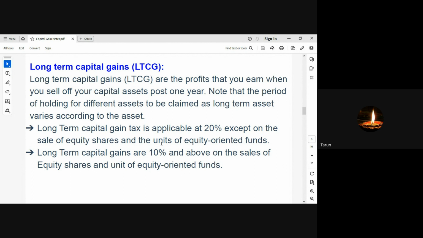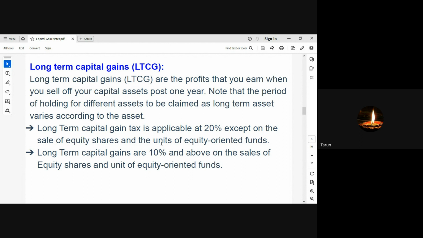When you talk about the tax imposed on long term capital gain, it is always 20%, whatever kind of asset, except for these two: the sale of equity shares and units of equity oriented funds.